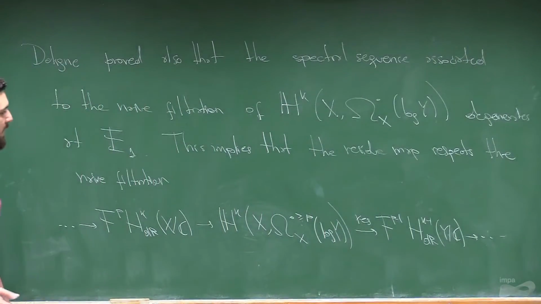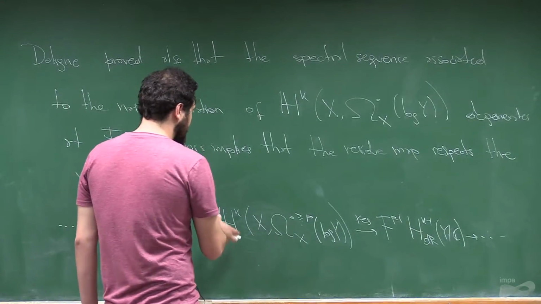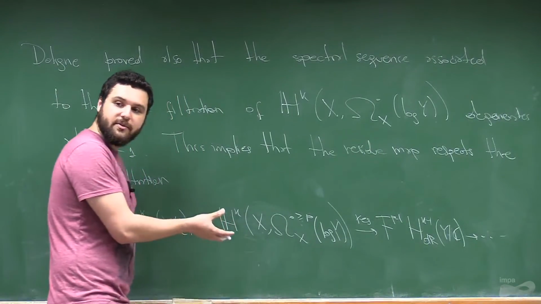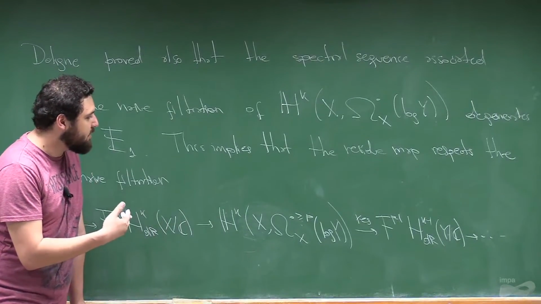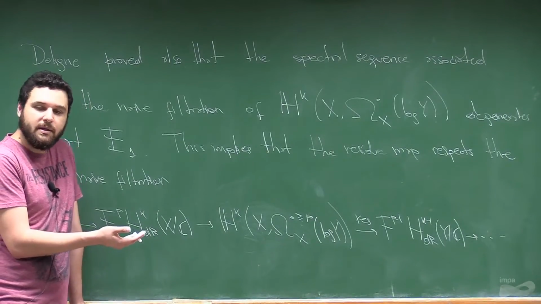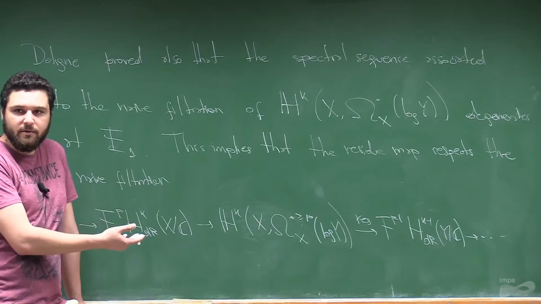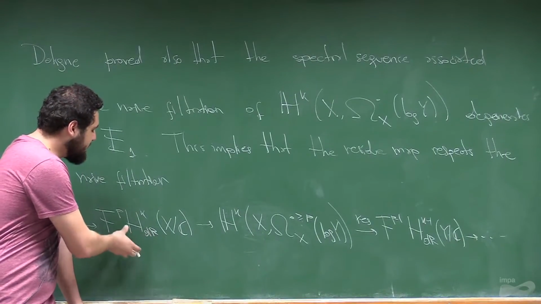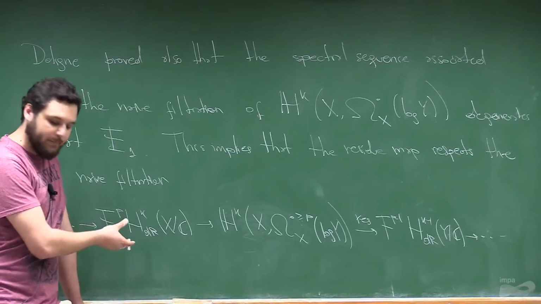And so this group now, this filtration is interesting, right? I mean, it's a filtration that is well behaved with respect to the natural residue map, and it fits in this long exact sequence. Now, this is a long exact sequence of filtered groups, right?